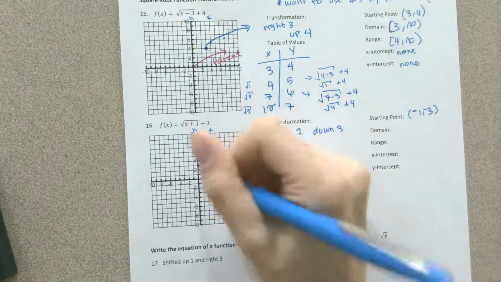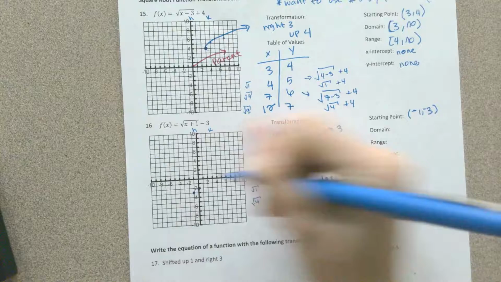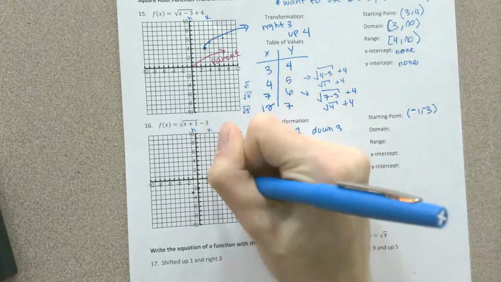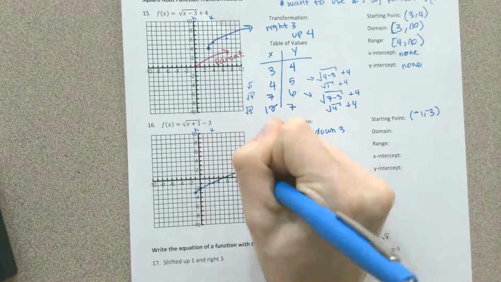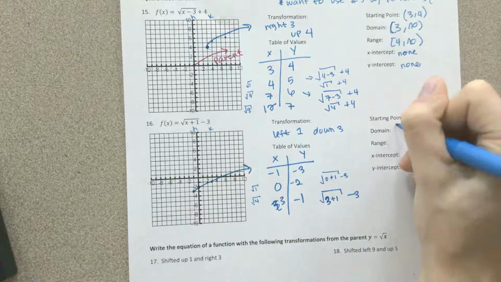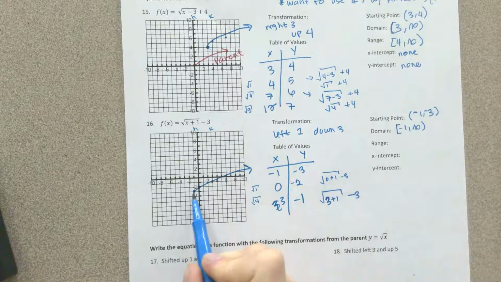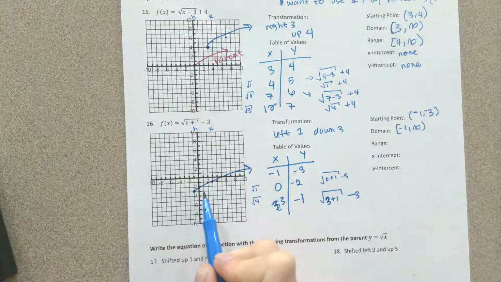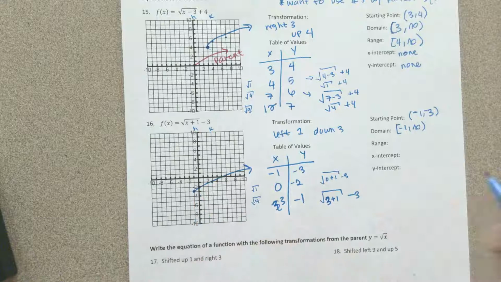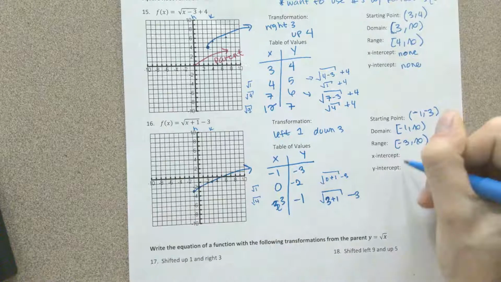So I come over, I have -1, -3, 0, -2, and then I have 3, -1, and that is my function. My domain is going to be -1 to positive infinity, my lowest x value, and then my lowest y value is -3 to positive infinity for my range.